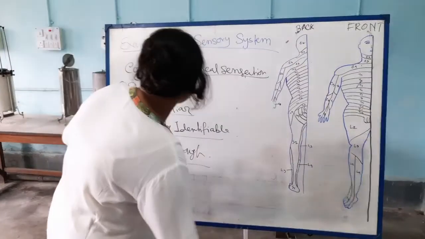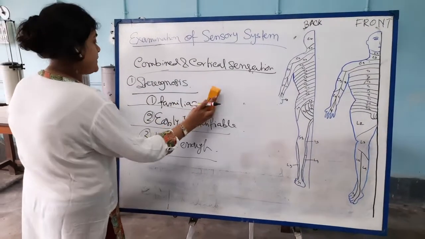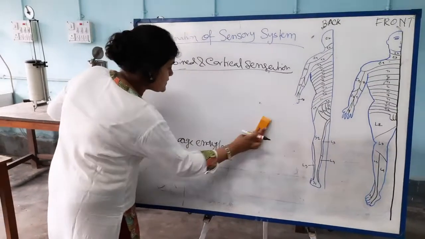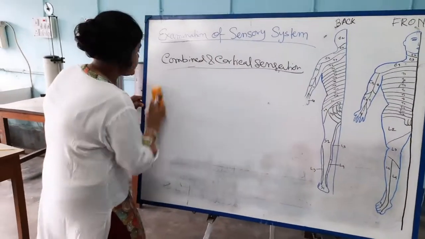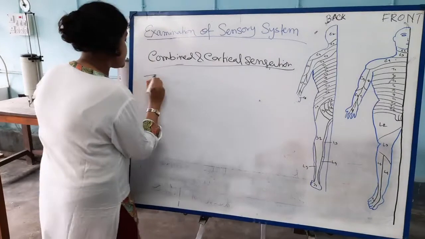Always make a bilateral comparison. So that is stereognosis.